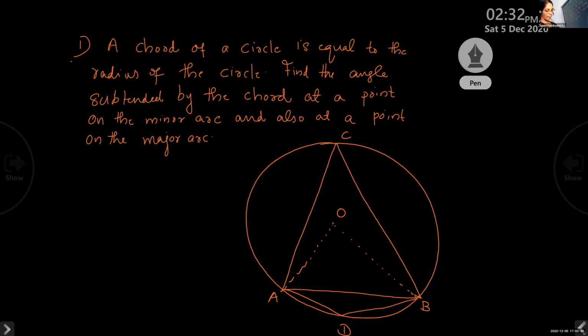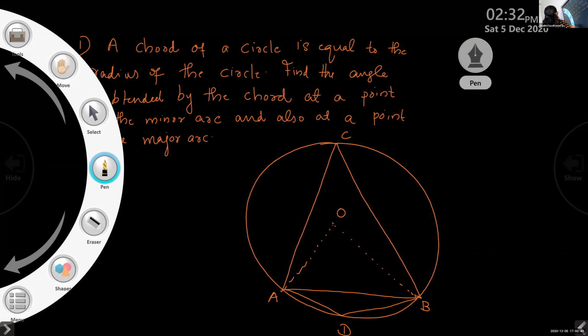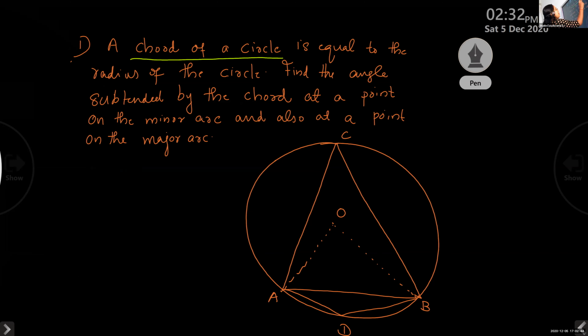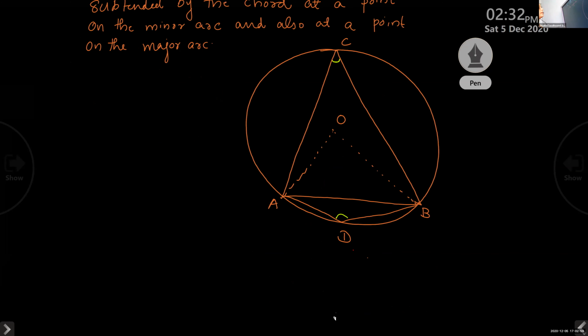See, children, it is given that a chord of a circle is equal to the radius of the circle. So that is the main point in this. We have to find this angle and this angle, both the angles up and down, this angle on the major arc and this angle on the minor arc.